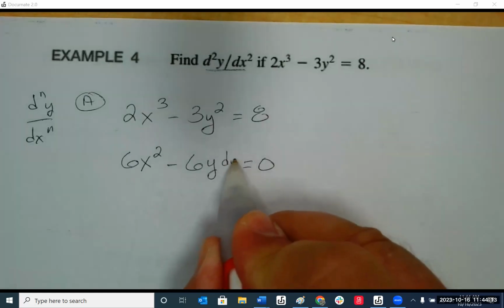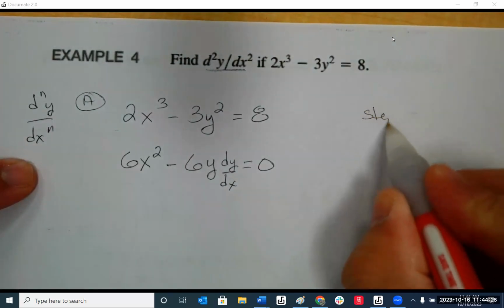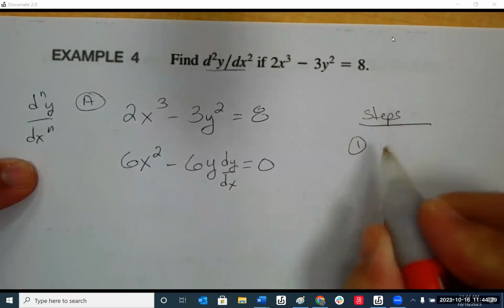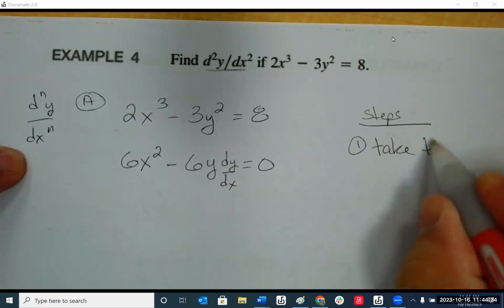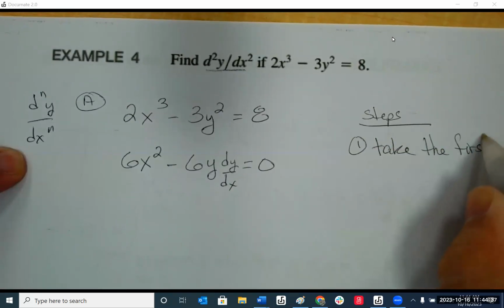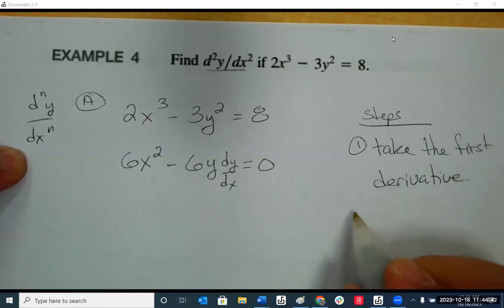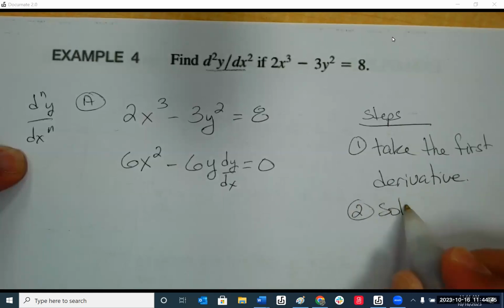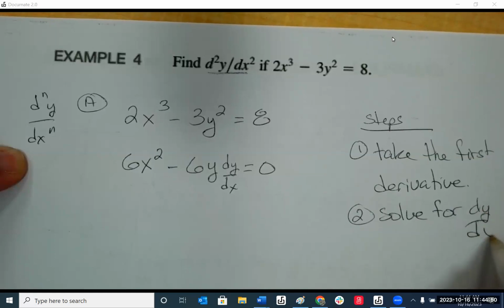Right, you have to put a dy dx right there. Can't forget. Let me get myself a little foam ball to throw at you guys. Okay, so the first step: take the first derivative and solve for dy dx.